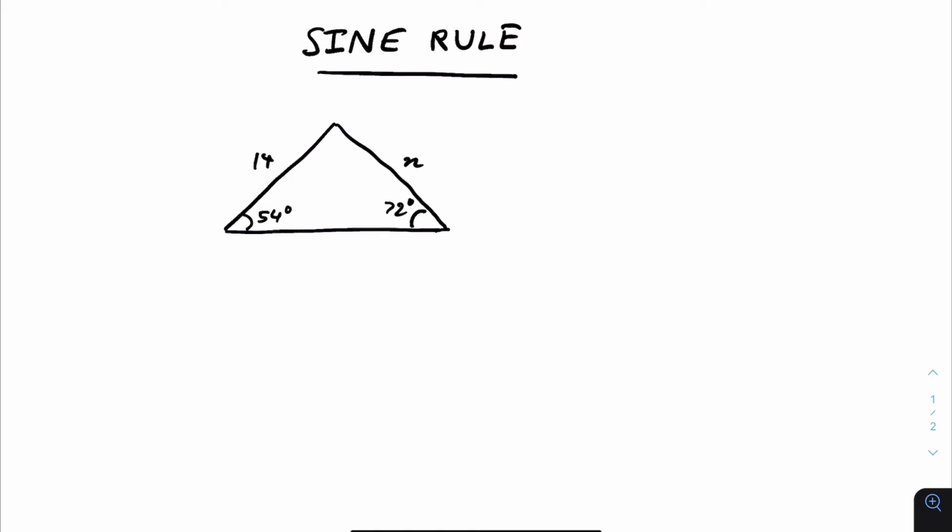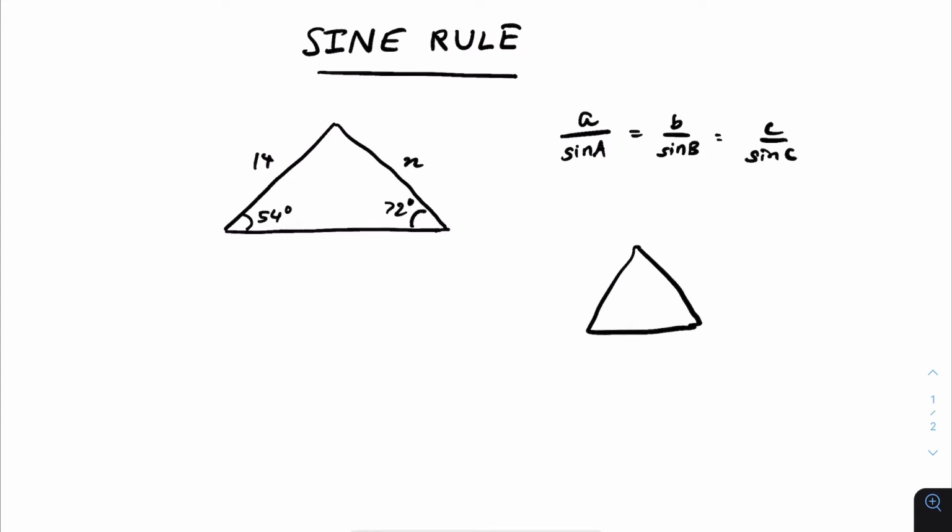So basically, the sine rule states that a over sine A is equal to b over sine B, which is also equal to c over sine C. What that means is that if you have a triangle, let me just draw a better one.